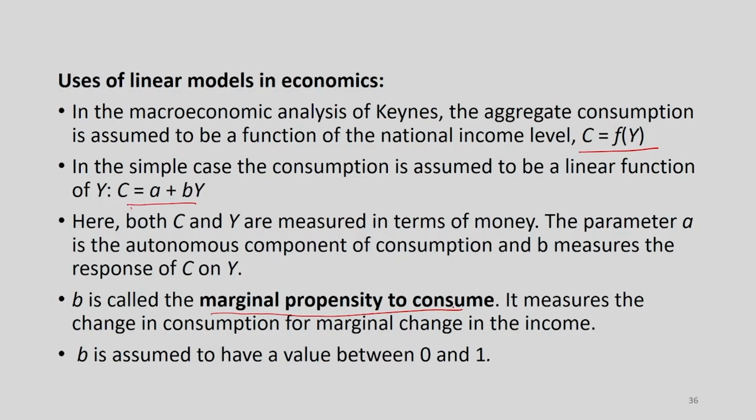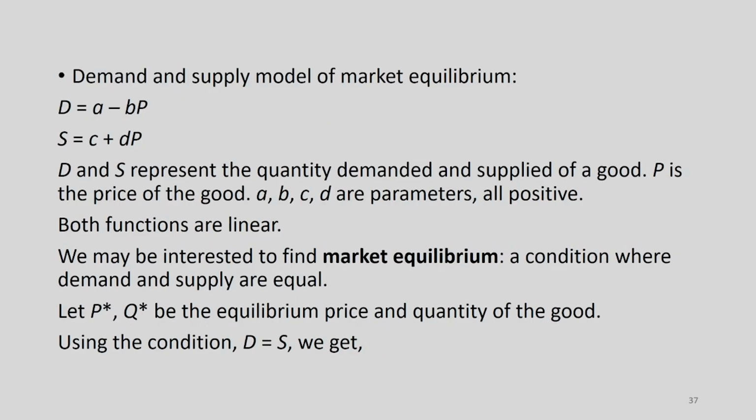It measures the change in consumption for a marginal change in income, and generally there is an assumption that the small b lies within the interval from 0 to 1. So, this is an example of how linear functions are used in economics.